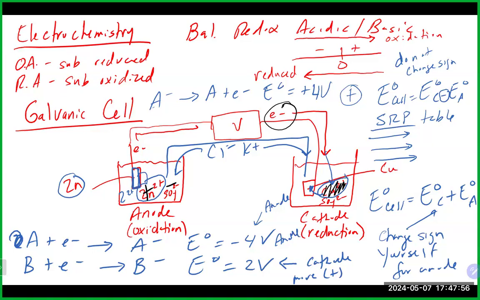So if you don't want to worry about it, which sometimes you don't, because maybe you're just asked what the cell voltage is and you just want to figure out the cathode and anode, you go to the table and don't have to worry about flipping signs. You could just plug it in with the minus and it'll change it for you. But again, if you want to change the sign, just make sure you add. And if you don't, then don't change the sign and subtract. Any questions on any of that?